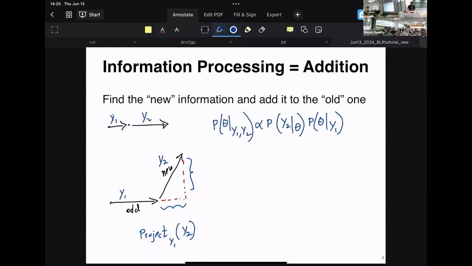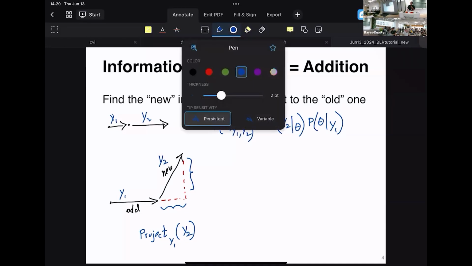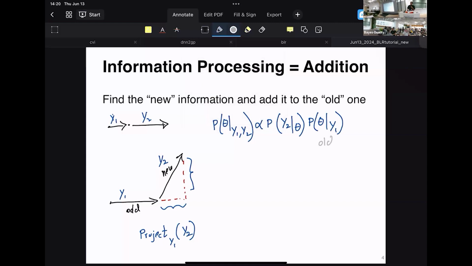It's the posterior, right? So this is clear that this is old posterior, this is new posterior, and this is the likelihood at time 2, right? Now you cannot directly see why it's actually doing this kind of projection. It's not very clear right now, right? So that's why when we write Bayes rule, you cannot quite see, oh, why is it connected to this kind of vector addition?